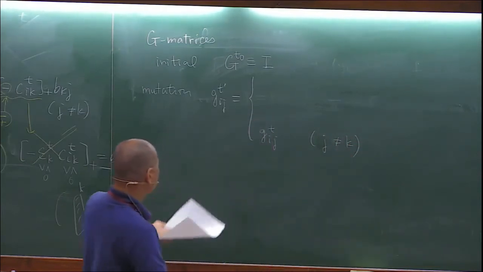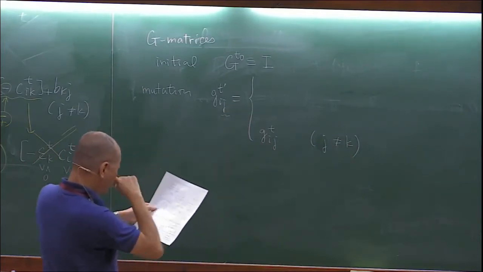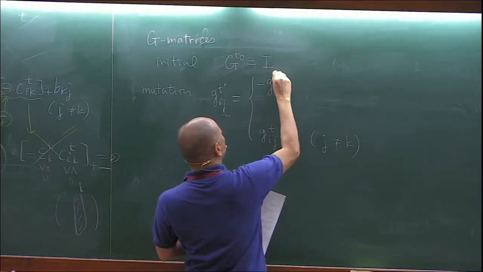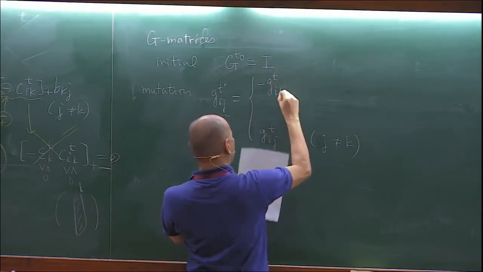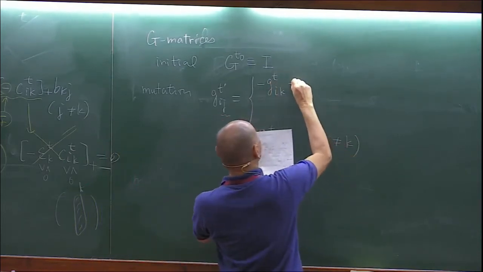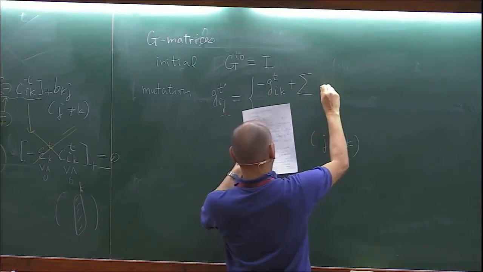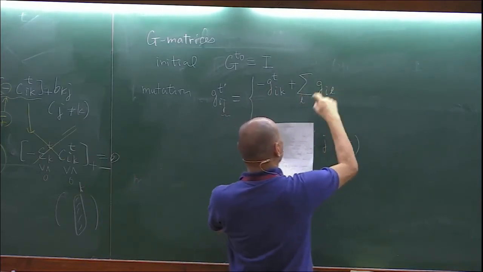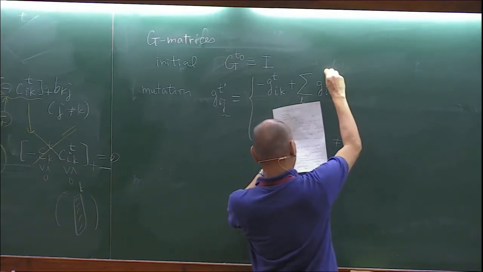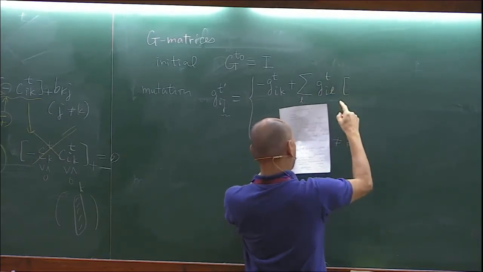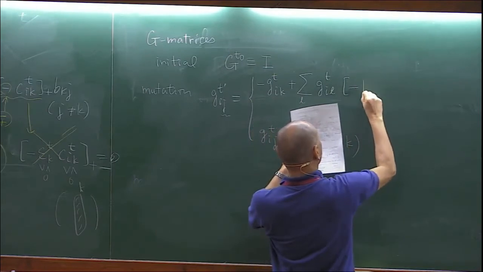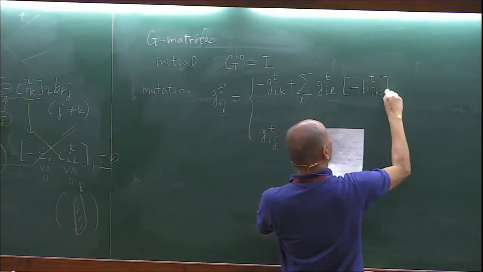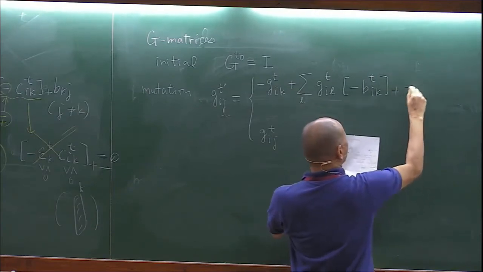Meanwhile, when j is k, the formula is more complicated: g_ik plus the sum over l of g_il t, with indices to be summed up, and b_ik of t, and we have a minus sign.